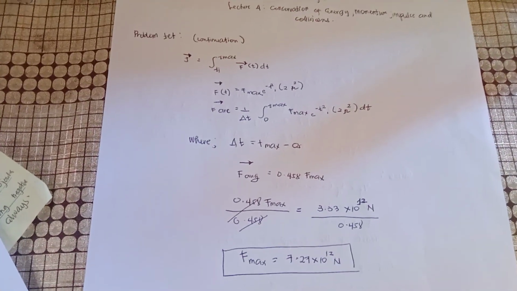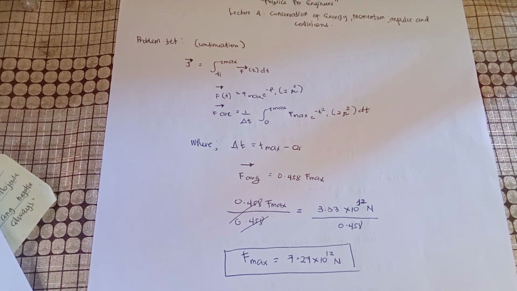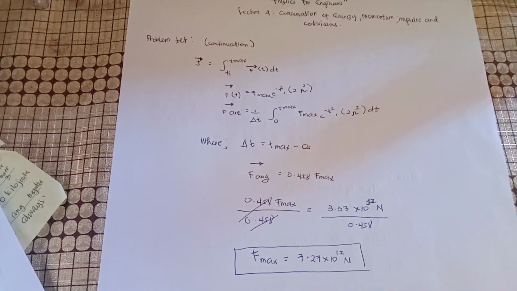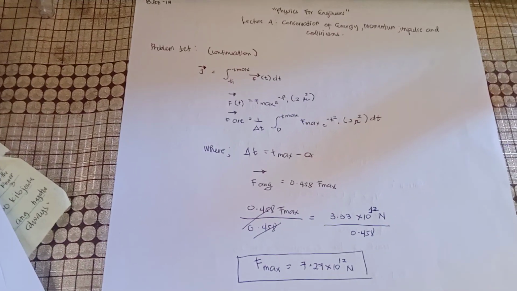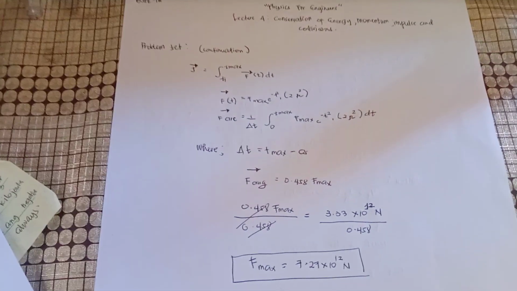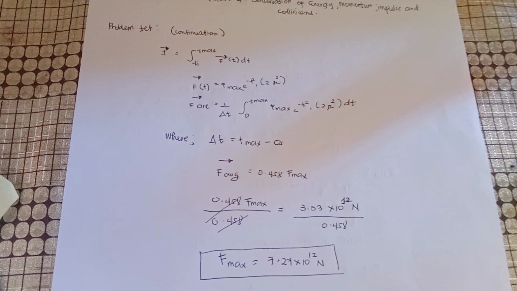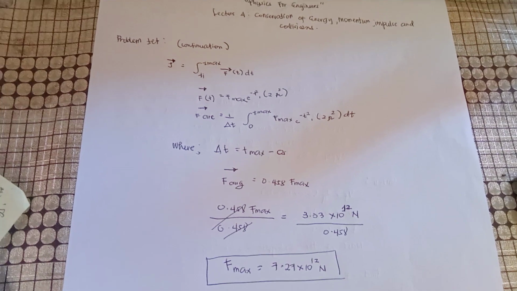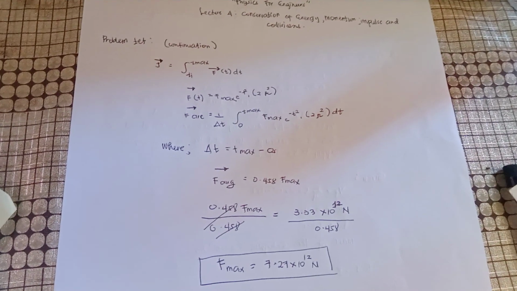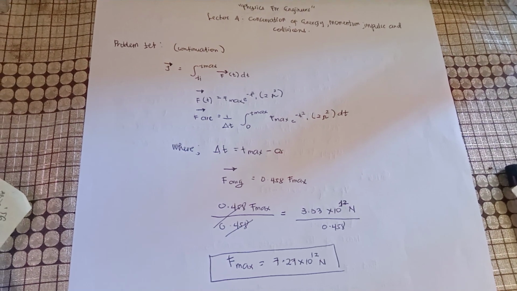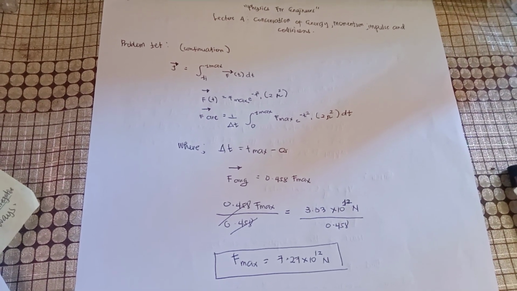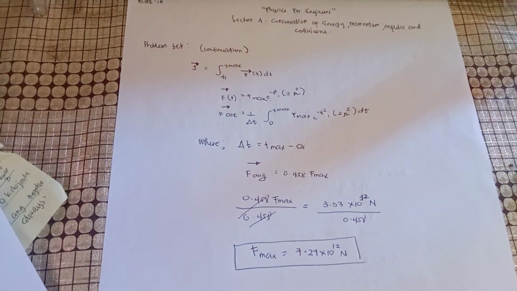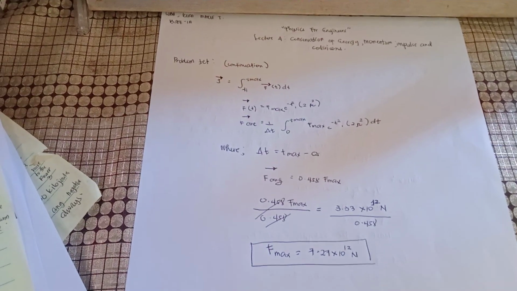The impulse is related to the force function by the integral from initial time to maximum time of the force function dt, which equals the maximum force times the integral of the rapidly rising force function, from 0 to the maximum time minus 0 seconds.